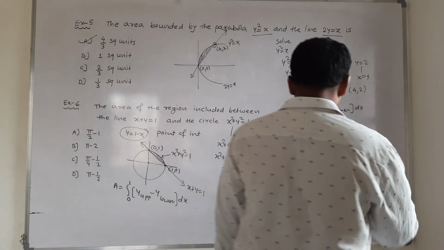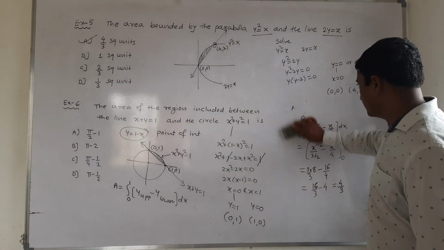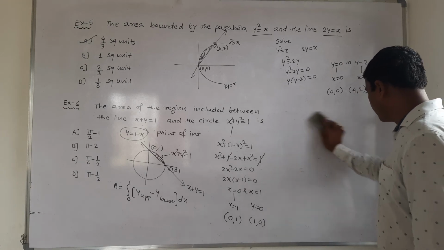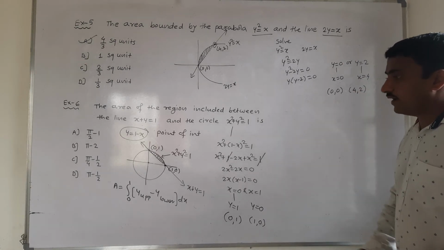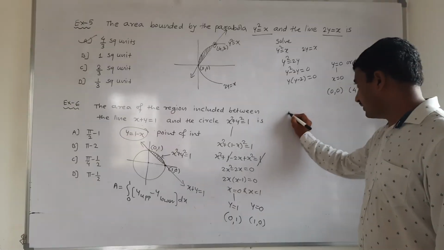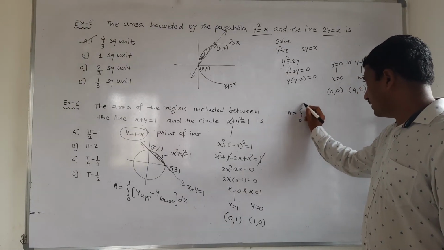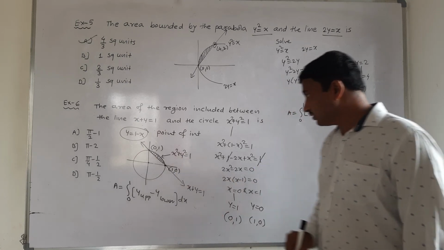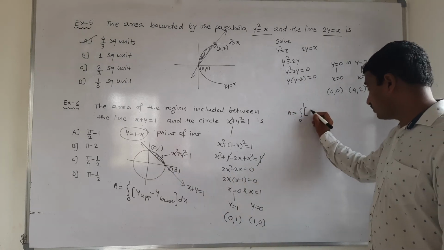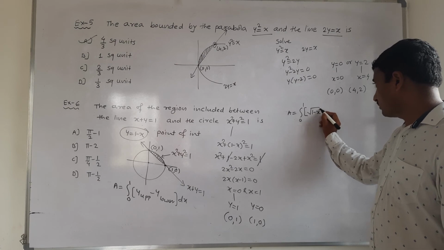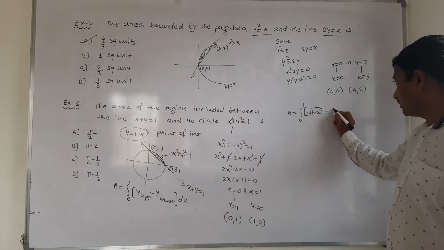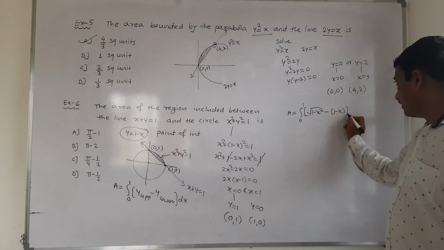Now I simplify. Y upper is the circle, square root of 1 minus x square, minus y lower, which is 1 minus x, dx.